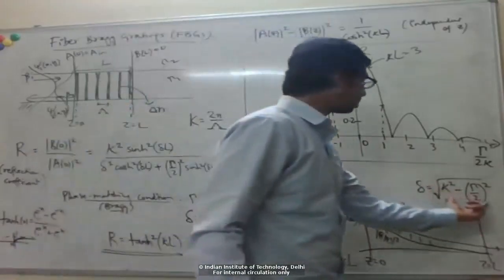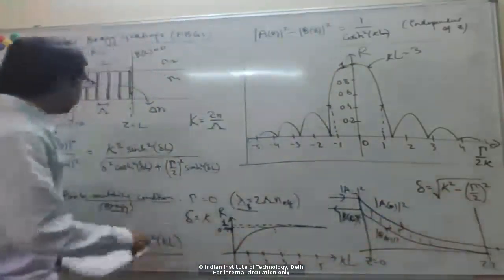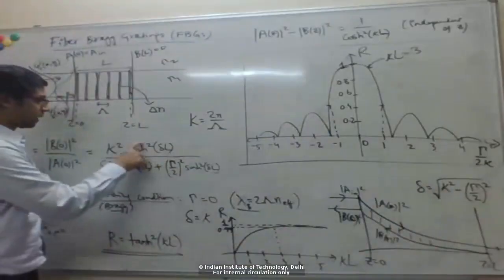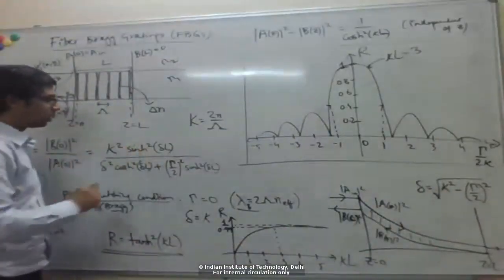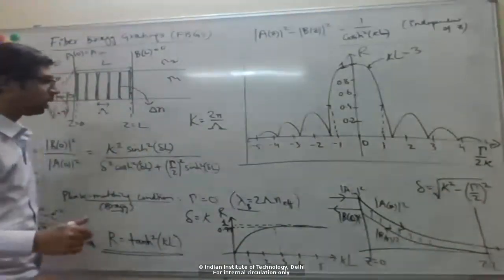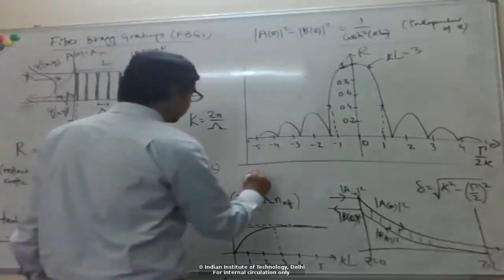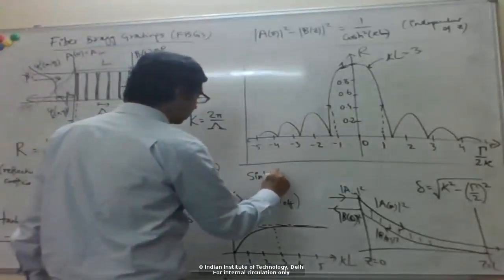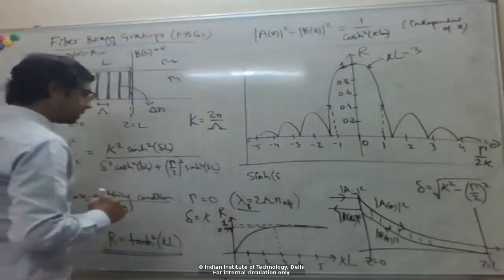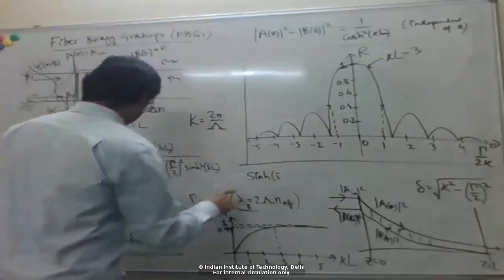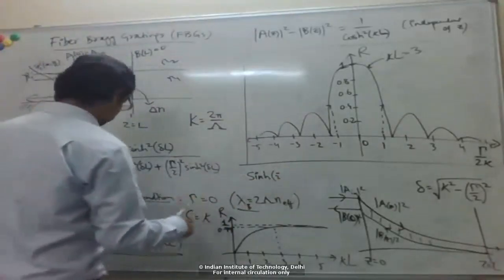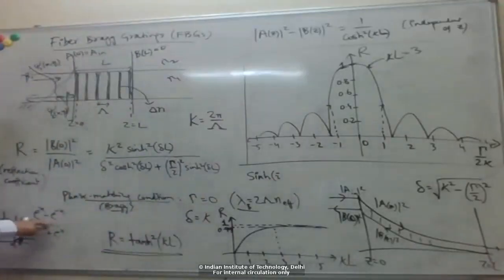From the definition you can check: sine hyperbolic was e to the x minus e to the minus x by 2.